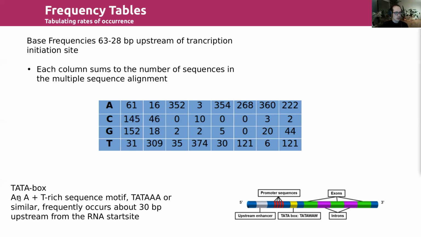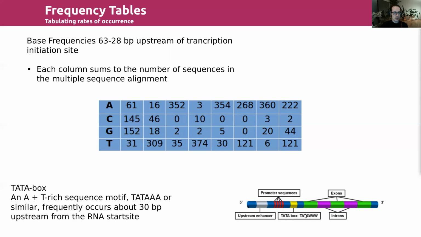For example, the TATA box is this A and T rich sequence motif that is well studied and which frequently occurs about 30 base pairs upstream of RNA start sites. Here you can see promoter sequences up here. The TATA box that we're interested in is occurring here.